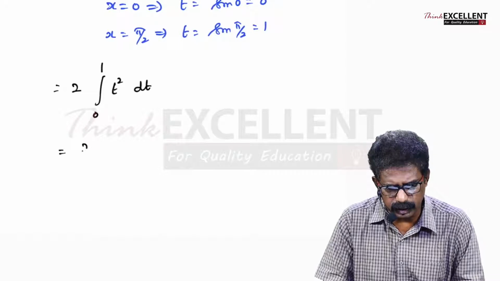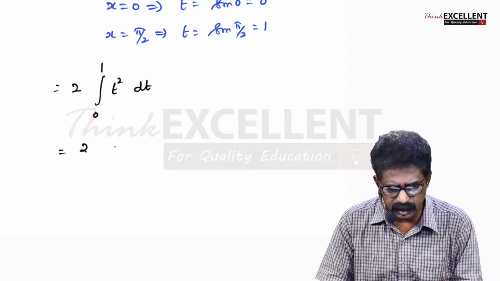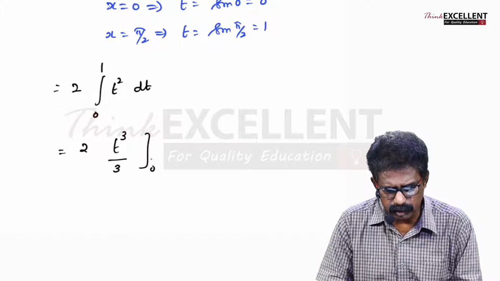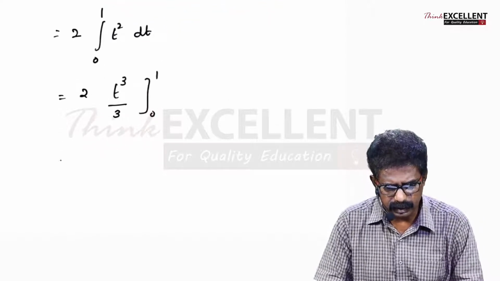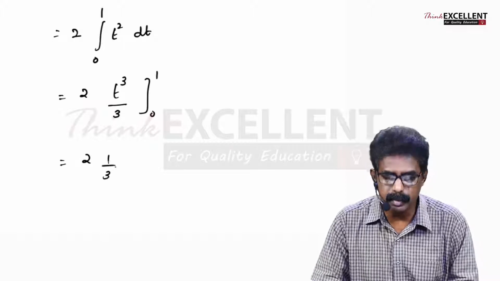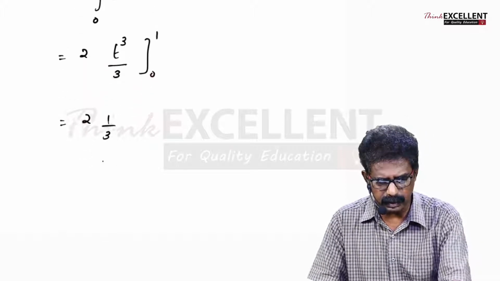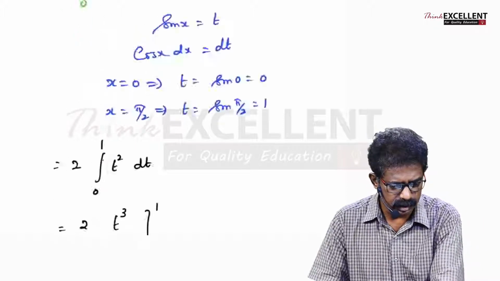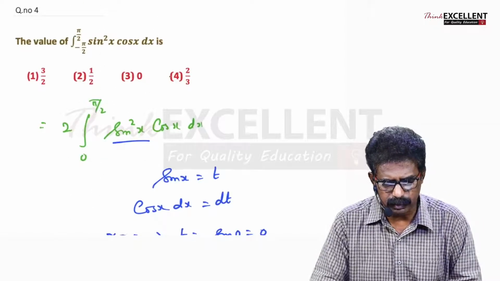That is 2 into the integration of t square, t cube by 3, with limit 0 to 1. So that is 2 into, upper limit you give 1 by 3, minus lower limit, which is 0. 0 by any number is 0. So your final answer is 2 by 3. So that is option number 4.